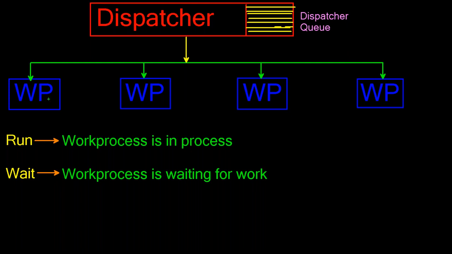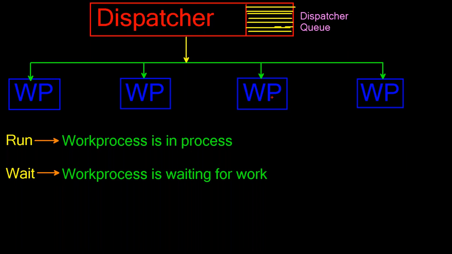For example, if the first work process is in running status, the dispatcher looks for the second work process because the first is already processing some other work. If the second is also running, the dispatcher looks for the third. If the third is also running, the dispatcher looks for the fourth one.